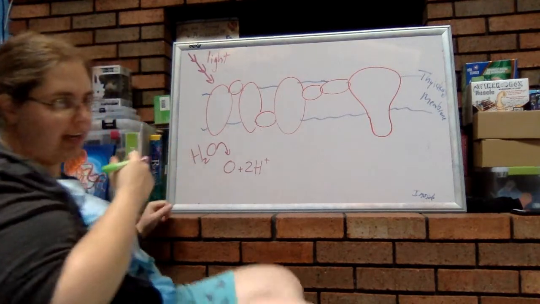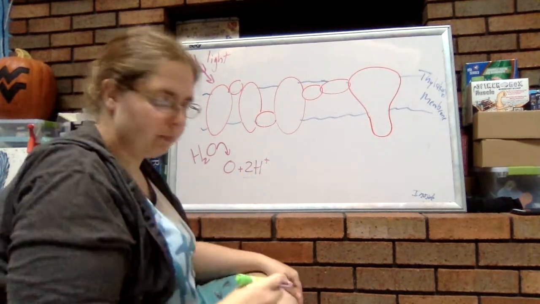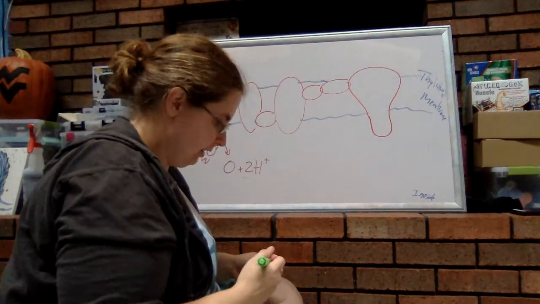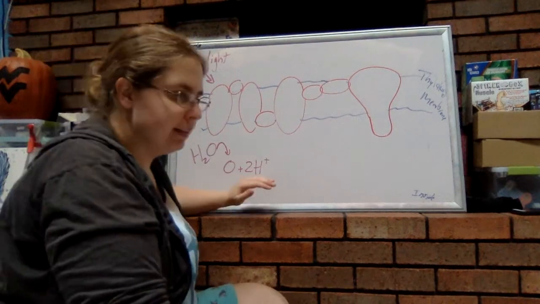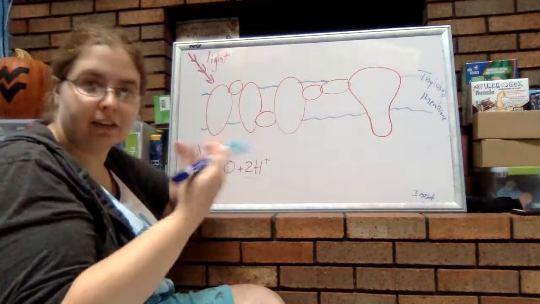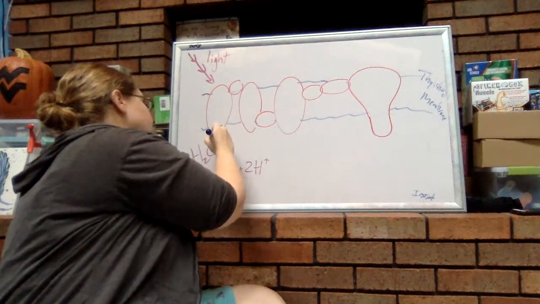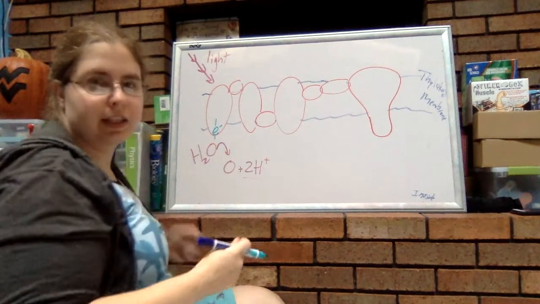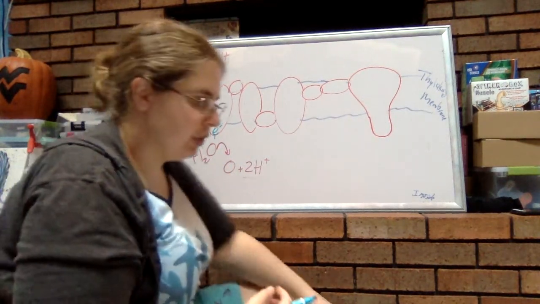Now it's those hydrogen ions that are going to be important in a little bit. But not just that. The reason why we have these hydrogen ions is because we take the electrons off of them. The electrons are sent into the protein, and they begin something called the electron transport chain.